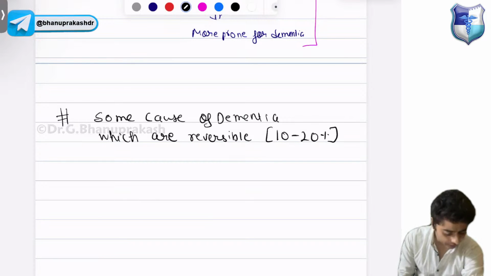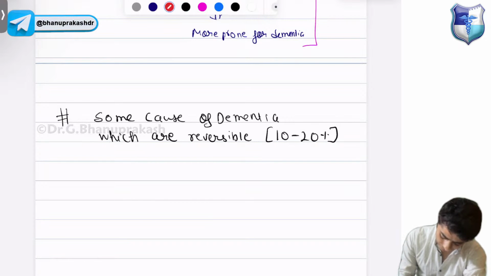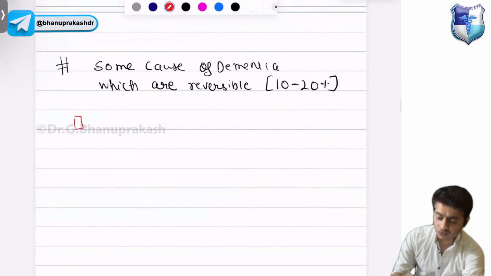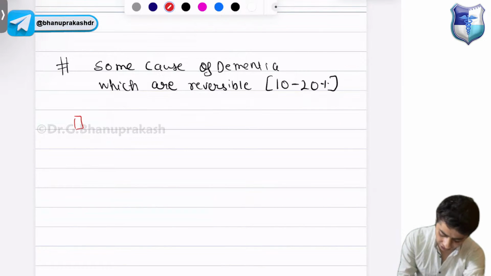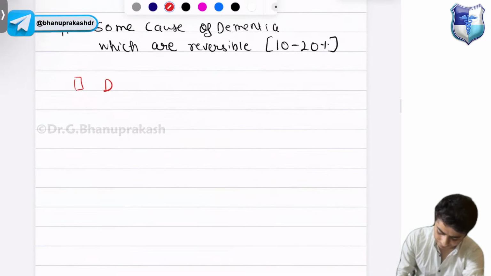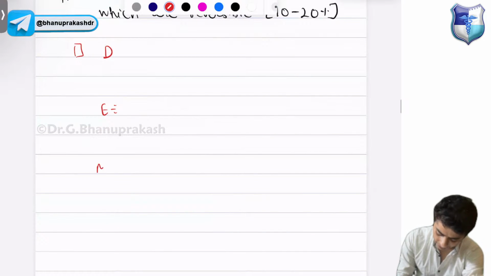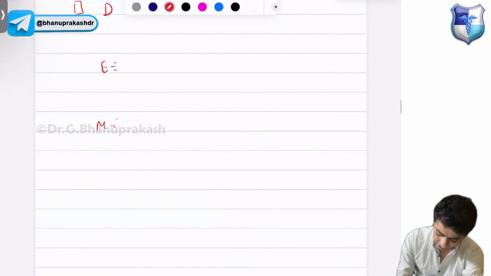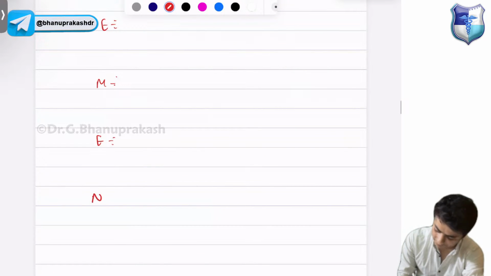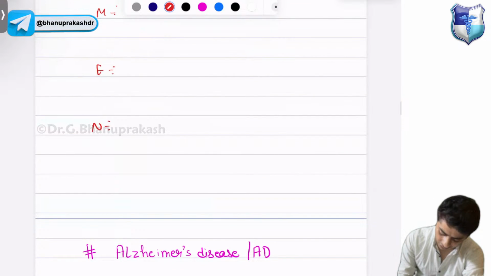So what are these? These all are covered with the mnemonic DEMENTIA: D, E, M, E, N, T, I, and A.